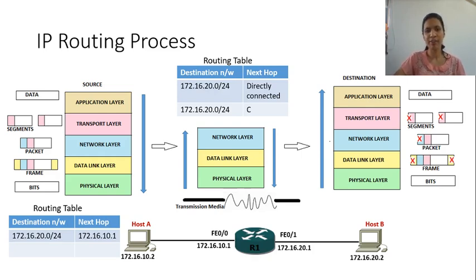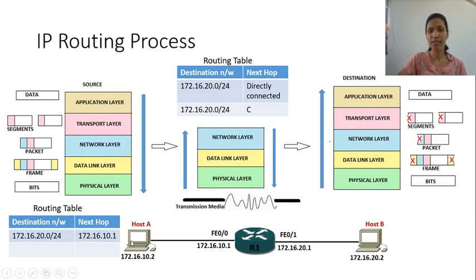For instance, if you have got host A present on 172.16.10.0/24 network, and you have got a host B which is present on some other network 172.16.20.0/24.